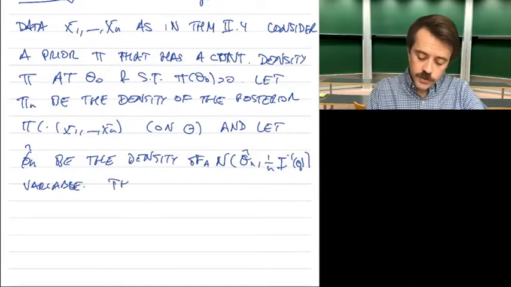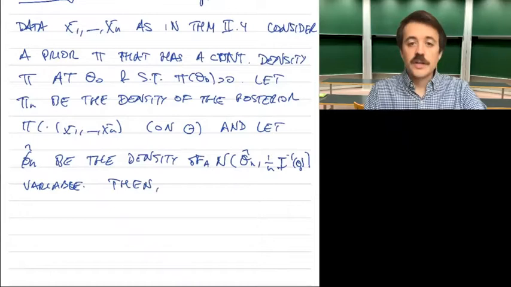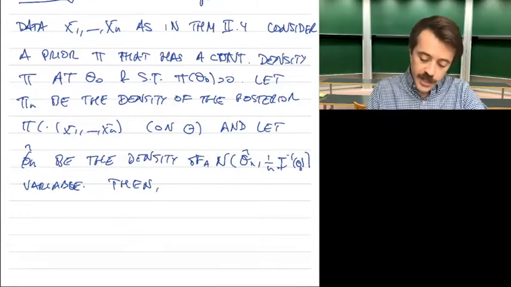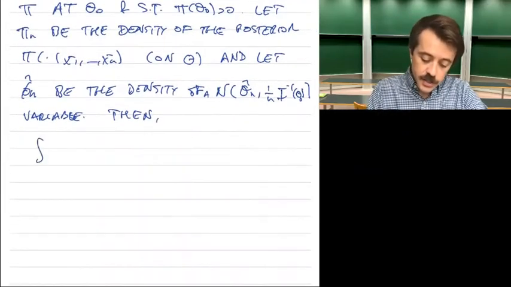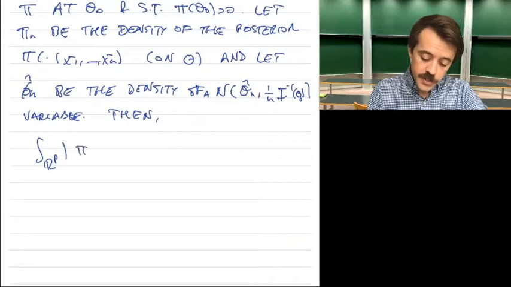So then what do we have as the statement? Well, then what we get is essentially L1 convergence of the posterior density to this phi n.